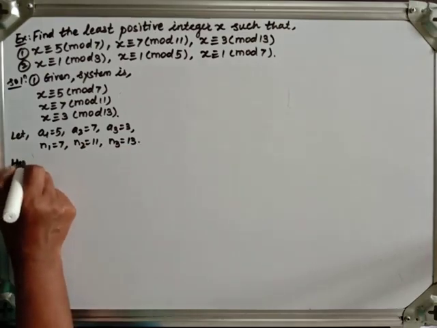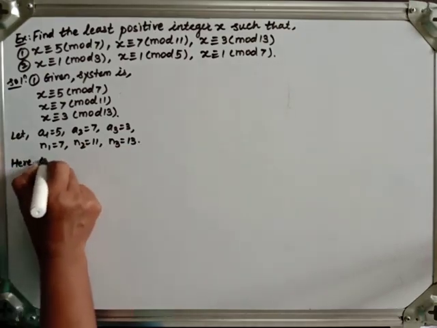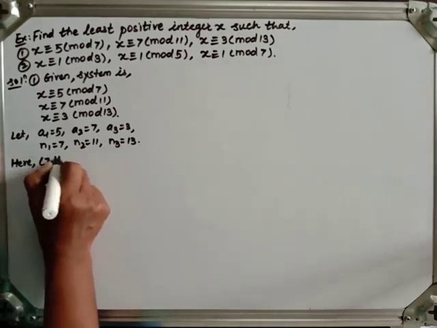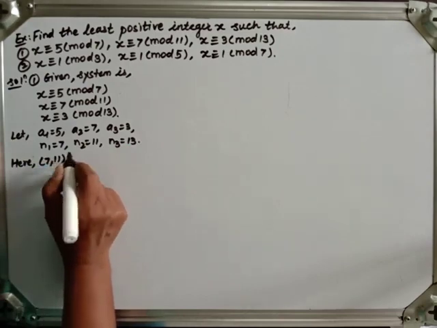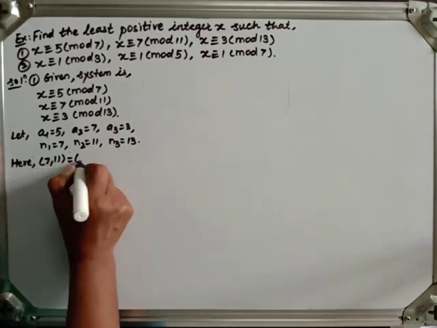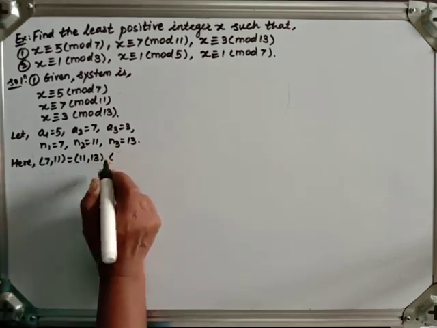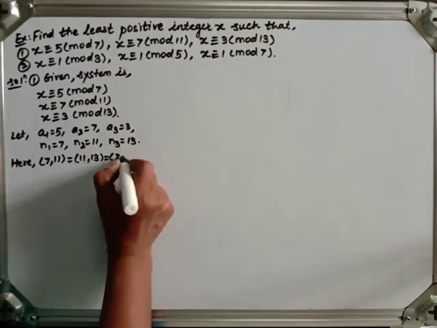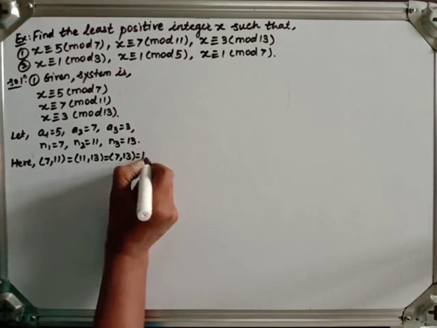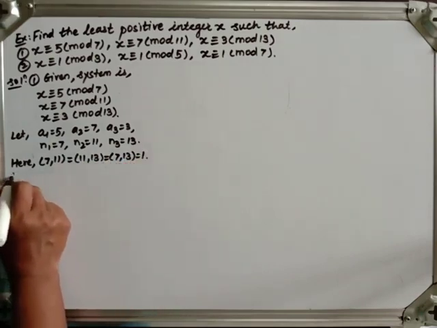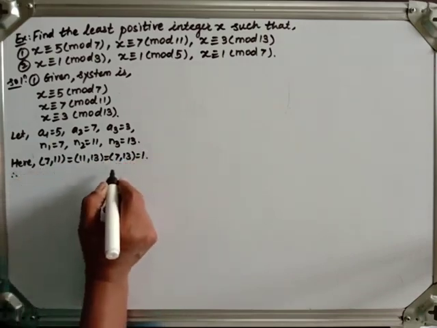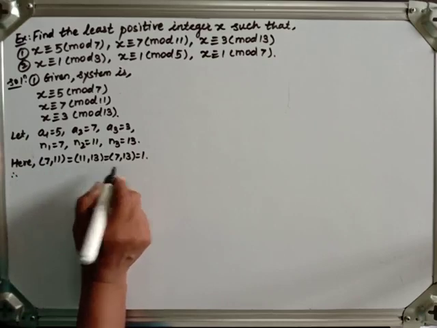Again here, the pairs n1 n2, that is 7 and 11, n2 n3, that is 11 and 13, and n1 n3, that is 7 and 13, are relatively prime. Therefore we can use the Chinese remainder theorem to find this simultaneous solution.